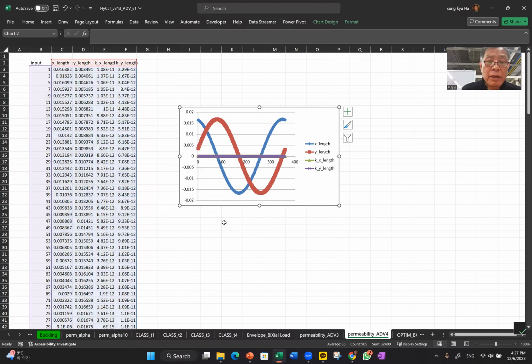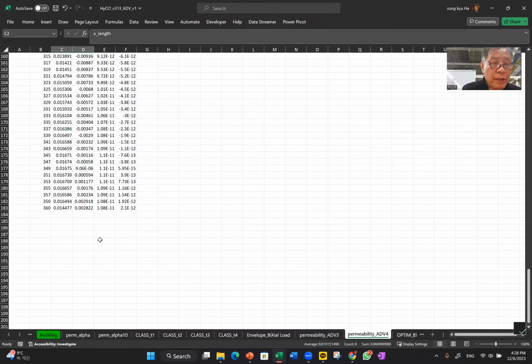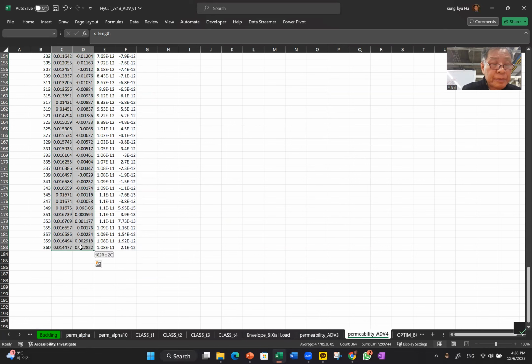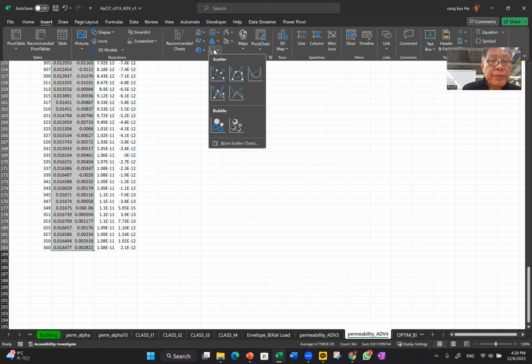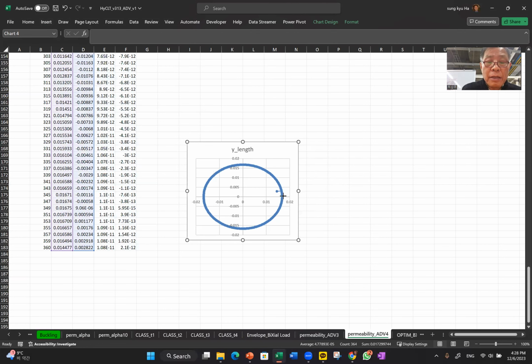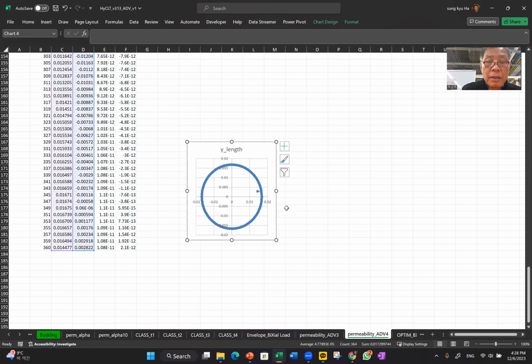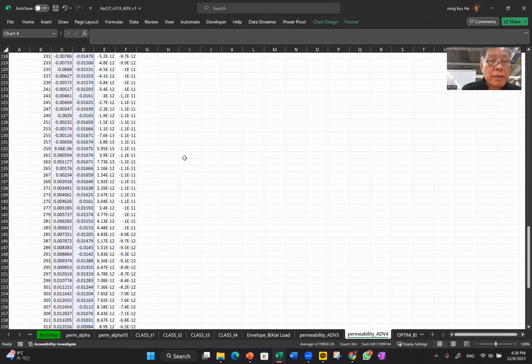Okay, this is the plot we just got using the layup sequence and this permeability worksheet. What we'd like to do is plot this one, and then let's try to draw it again, let's try to make it to scale.